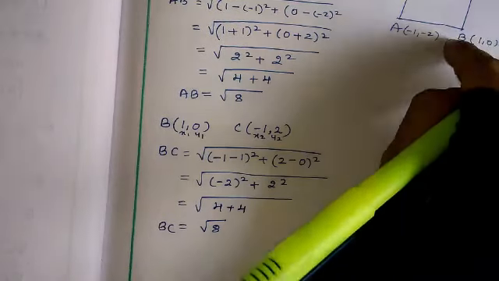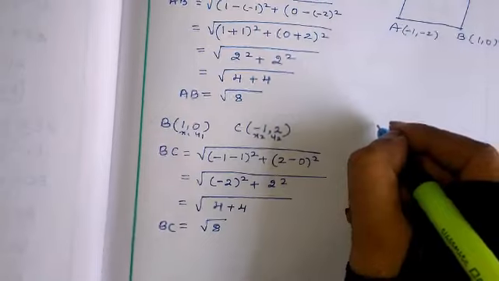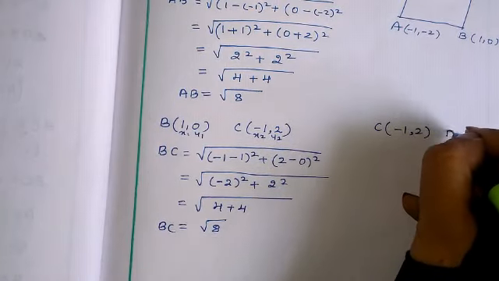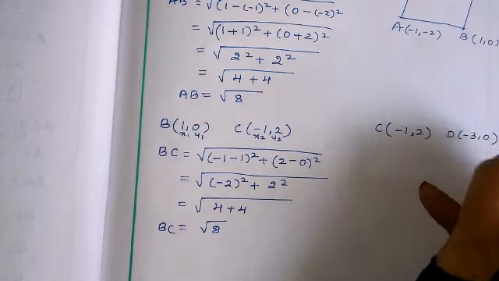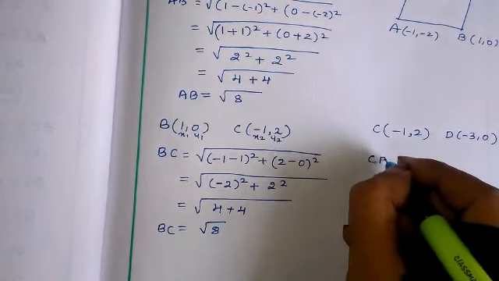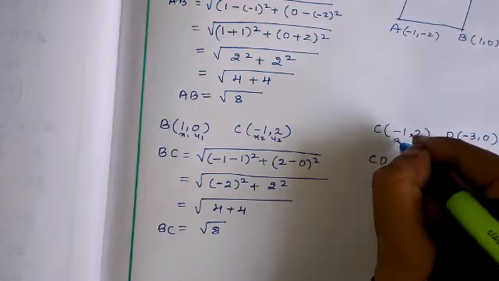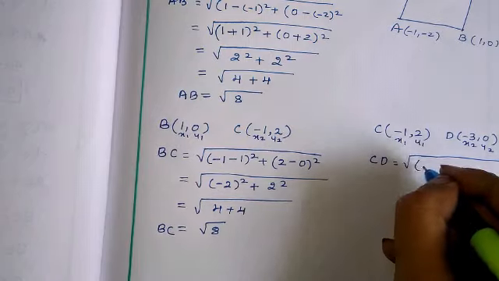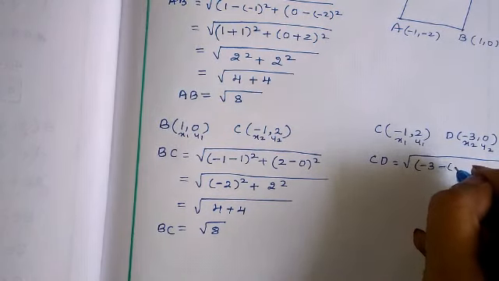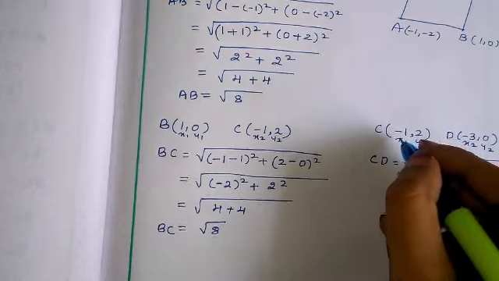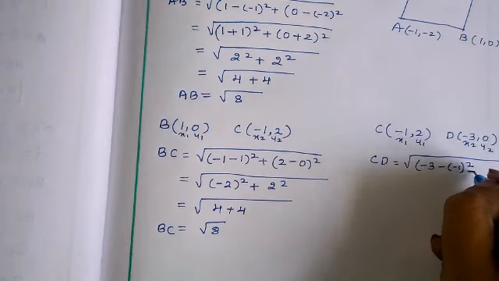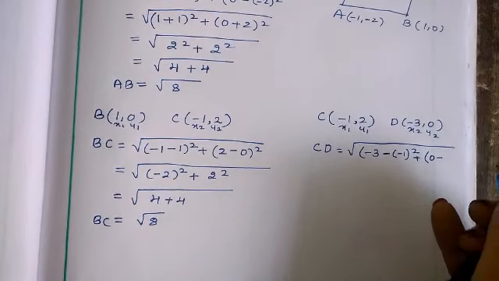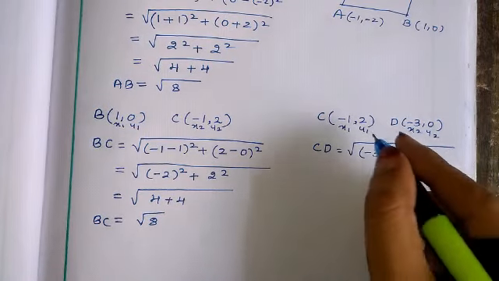Now let us see CD after BC. C point is (-1, 2). D point is (-3, 0). Okay, CD. x1, y1, x2, y2. x2 minus x1, properly we can see x1 is minus 1, plus y2 minus y1.